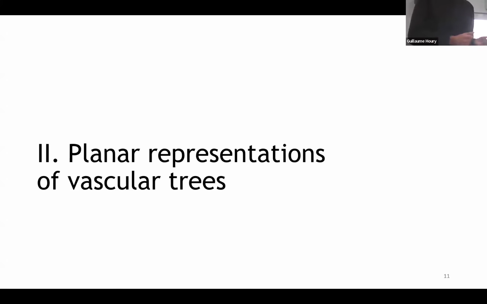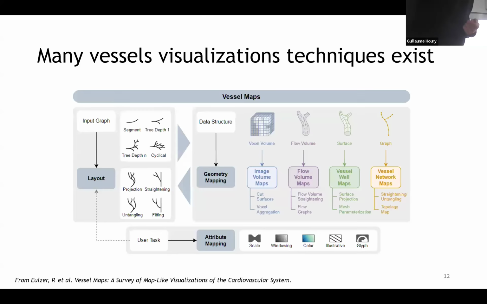So that being said, the problem of representing vascular trees and vascular systems in general in a 2D way is not new. And there's a whole taxonomy of methods that have been proposed in the literature, depending on which kind of vessel structure we are working with, depending on the data structure used to encode the blood vessels, and which kind of information we are trying to convey.